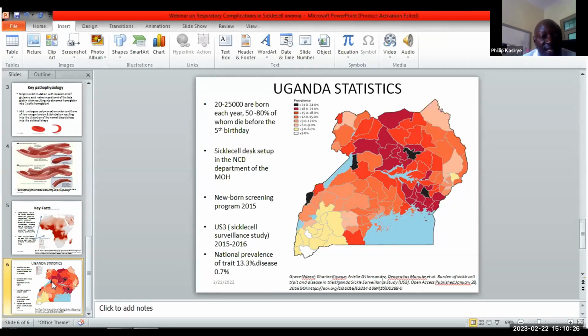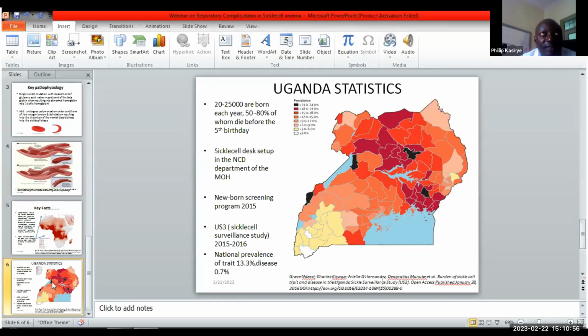Some of the early activities included starting a newborn screening program in 2015, which has been rolled out to several facilities across the country, starting with the regional referral hospitals, and also creating awareness and coordinating other stakeholders, that is non-government organizations that have come in handy in creating awareness amongst the population.